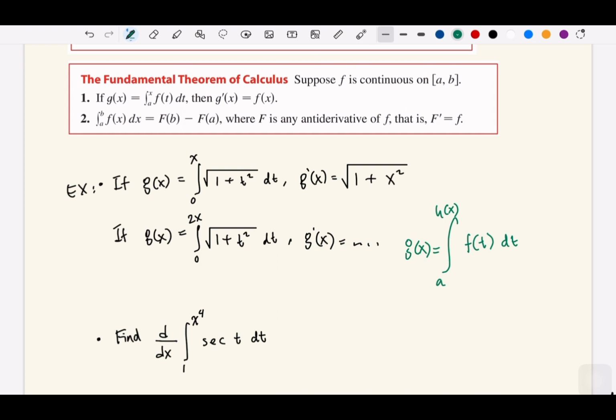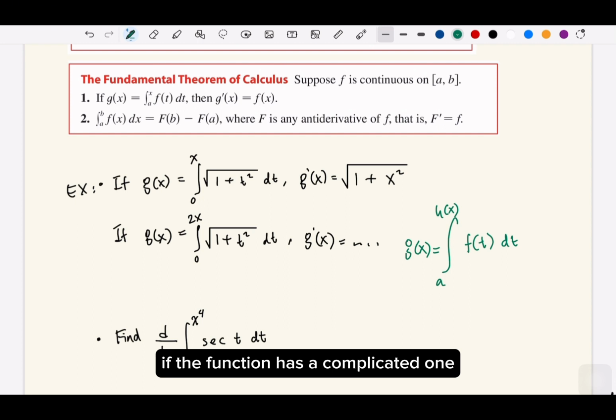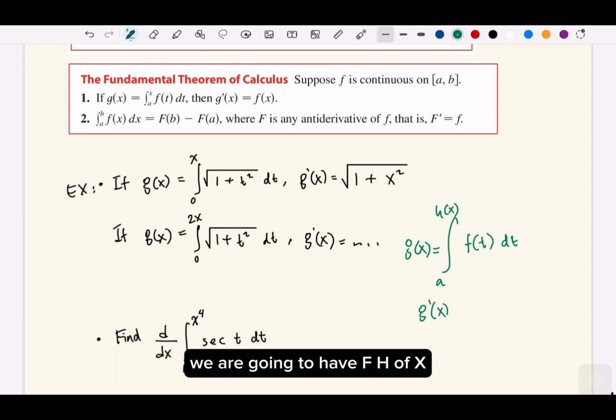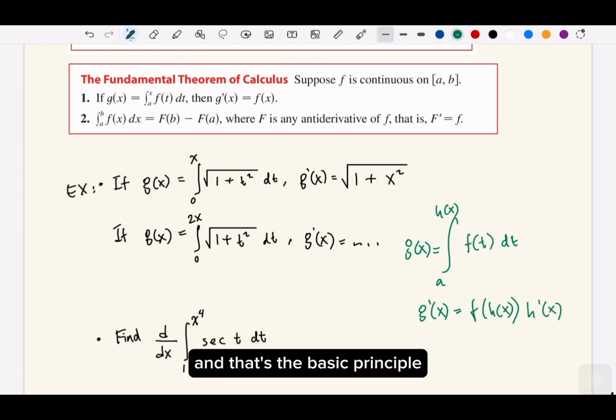So basically, remember that whenever you derive a function, if the function is complicated, maybe inside those functions there will be another function, right? So we are going to use the chain rule. So for this one, we are going to have f of h of x, and then multiply with h prime of x. That's the basic principle.